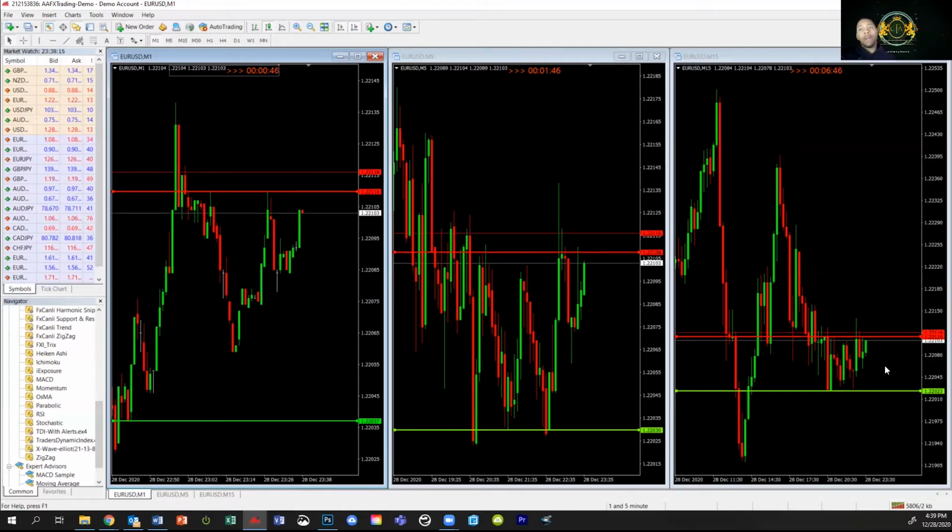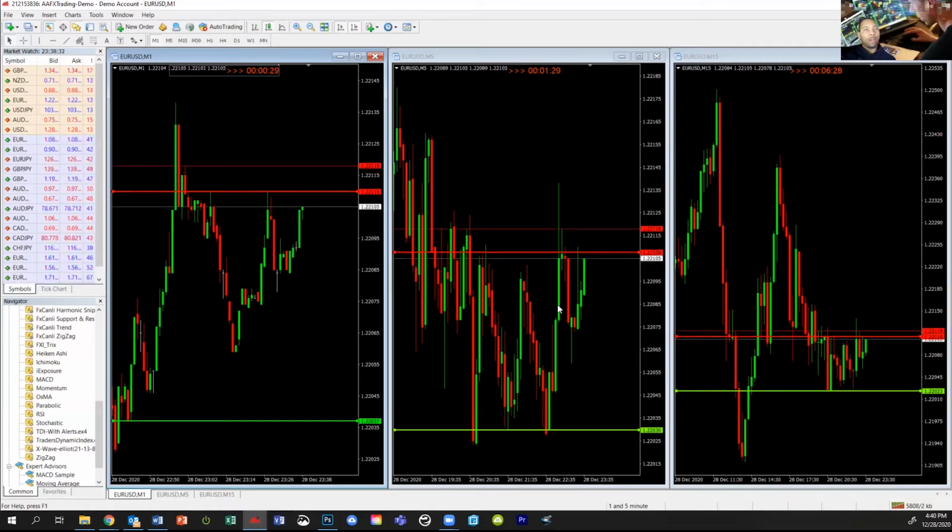Depending on the strength and volume of this market, it may push past this resistance level and continue to go up, and this may become the new support level for the market. But you have to watch and see what happens around that level.